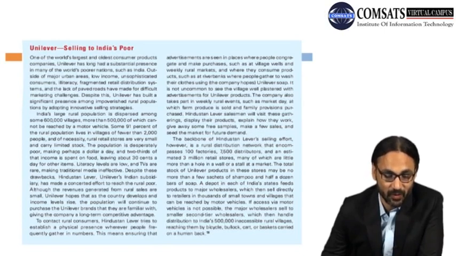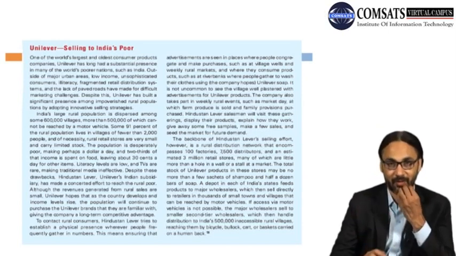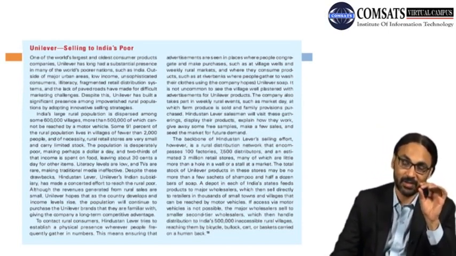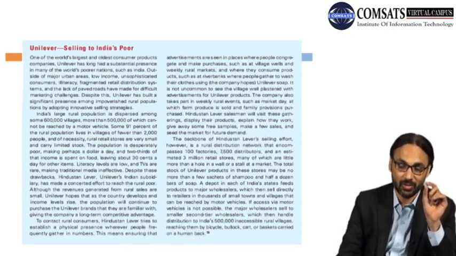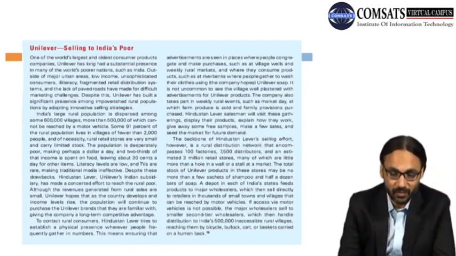Some 91% of the rural population lives in villages of fewer than 2,000 people, and of necessity, rural retail stores are very small and carry limited stock. We can imagine what happens in our small cities and villages, the small towns where there are small shops, and they have very small, limited stock in the shops.